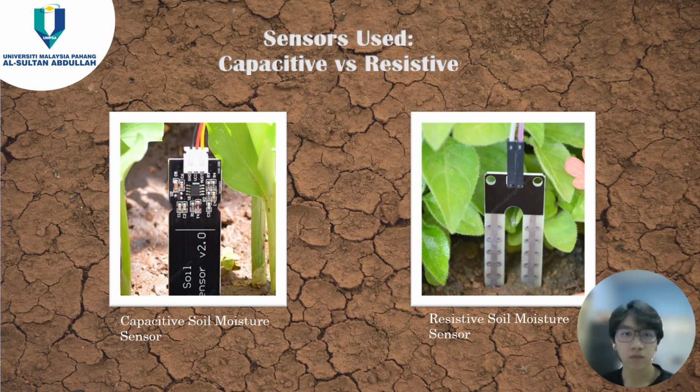Moving on to the next one, we will be talking about the sensor use for soil pollution, which is the capacitive vs resistive. Capacitive soil moisture sensors are the one at the left side, while resistive soil moisture sensors are the one at the right side.